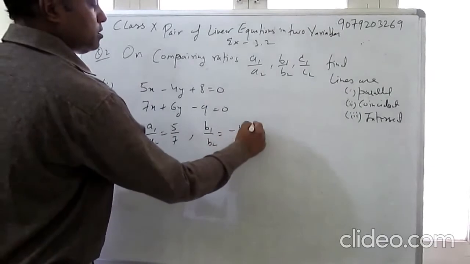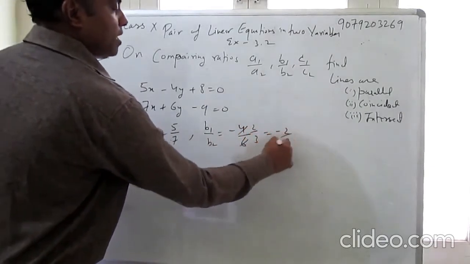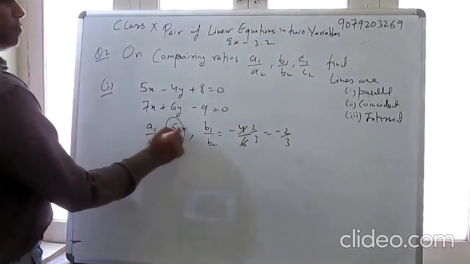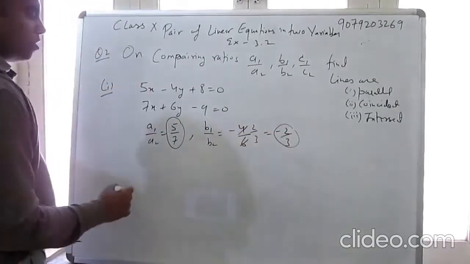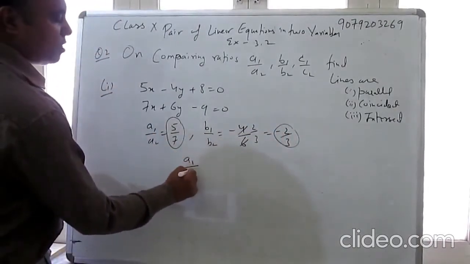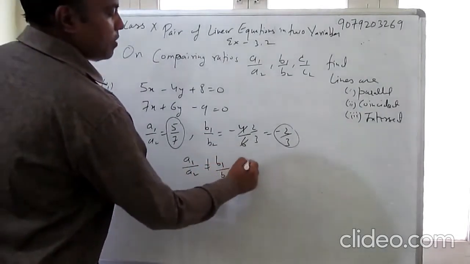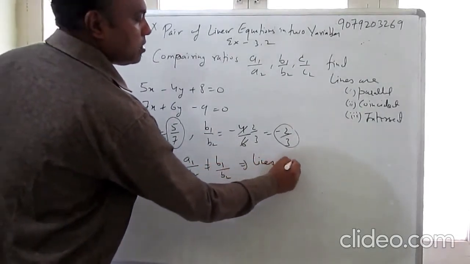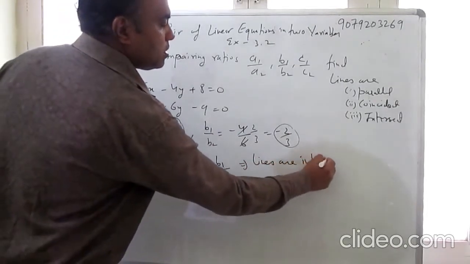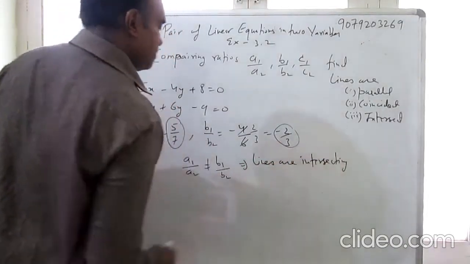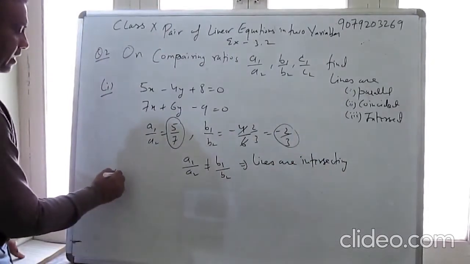It means minus 2 by 3. We see that 5 upon 7 and minus 2 upon 3 are not equal. So the condition is A1 upon A2 not equals to B1 upon B2. This implies lines are intersecting.